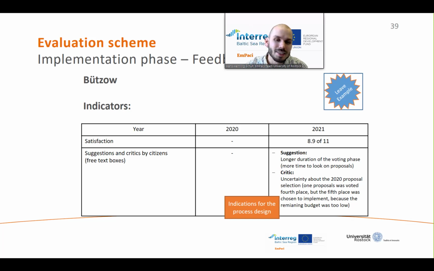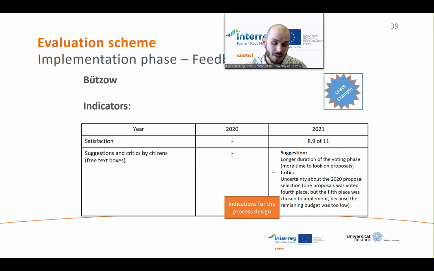but the citizens weren't aware of that. So maybe the communication has to be improved, and the information for citizens about this, because this is very important for the transparency of the process. So from these suggestions and critiques, there could be indications for the PB process design.